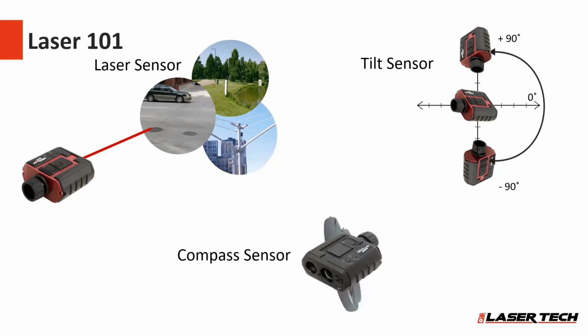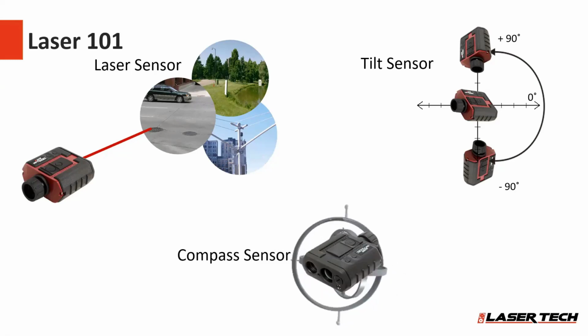Also built in our lasers, we have a tilt sensor. With that tilt sensor, we can measure inclination values or vertical angles, plus or minus 90 degrees. We've got those two sensors built in on all our lasers. In different models, we have a compass sensor.